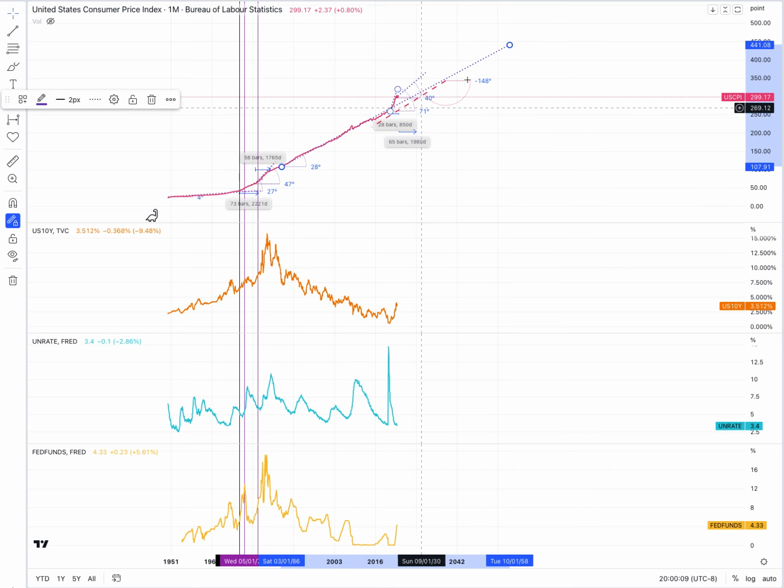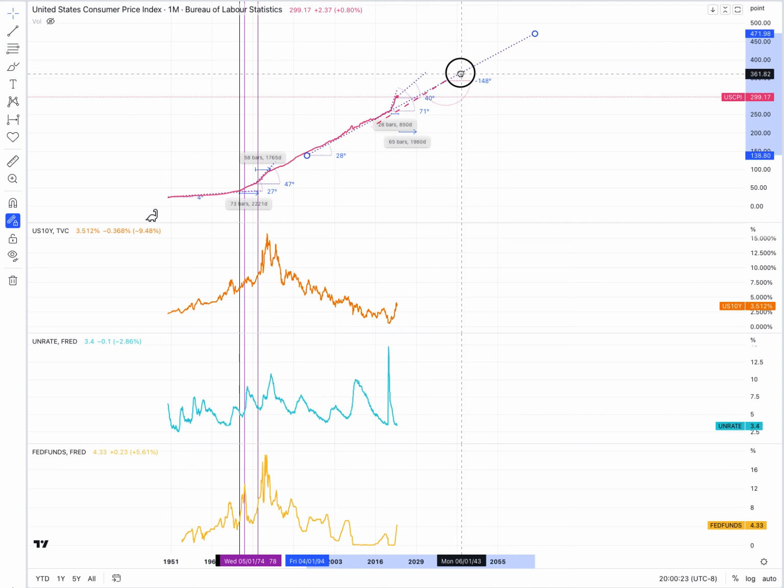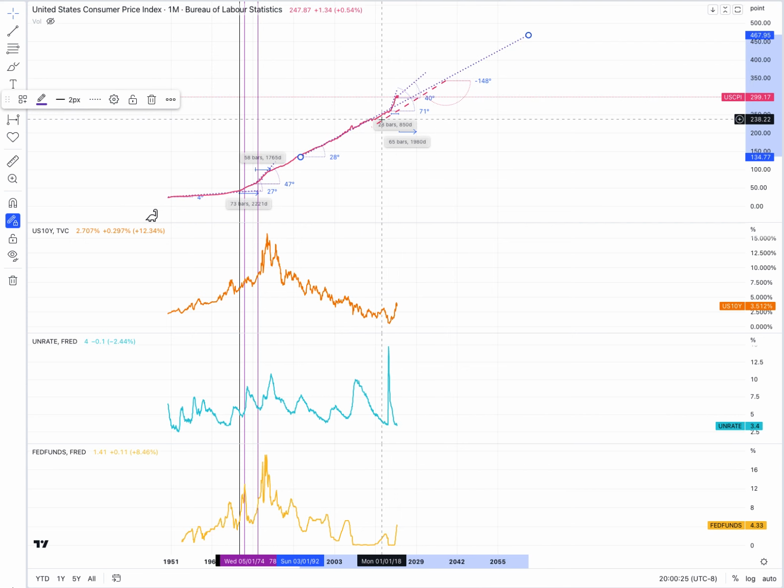Okay, so this is our pre-COVID trajectory, before everything changed, with the supply chain and all the other things that combined together into a big cocktail. Now we are here.